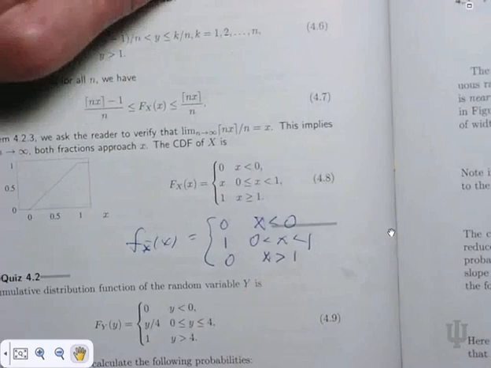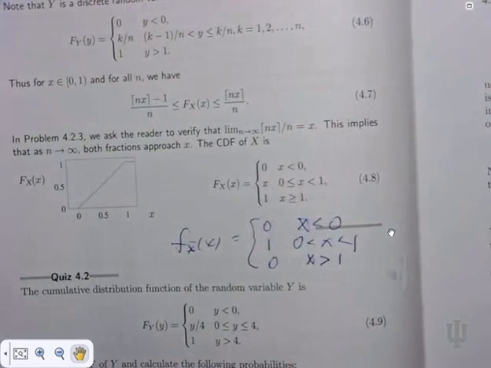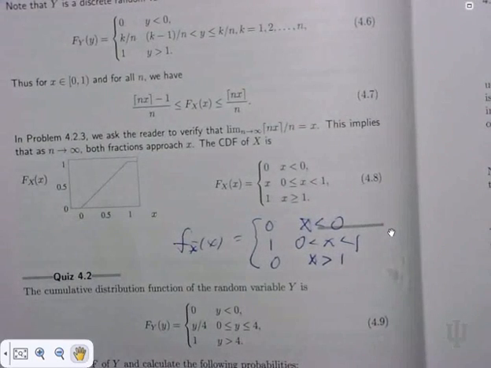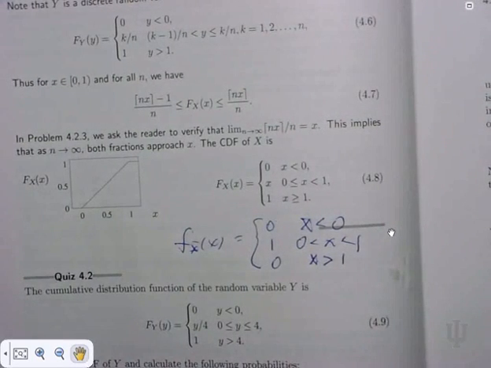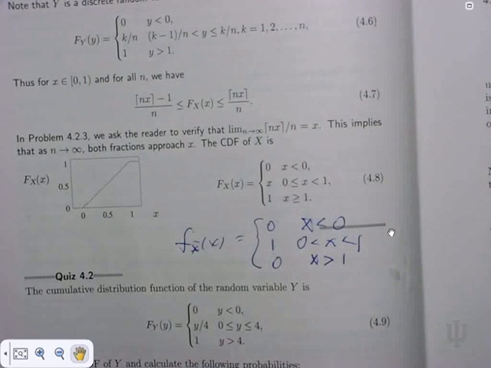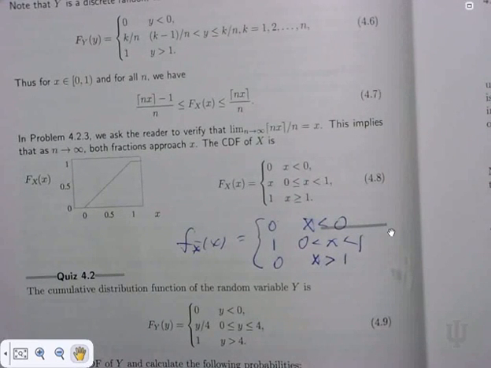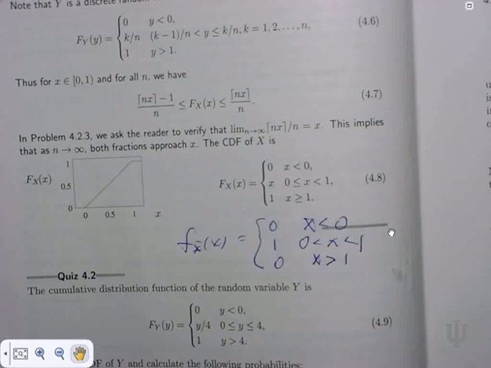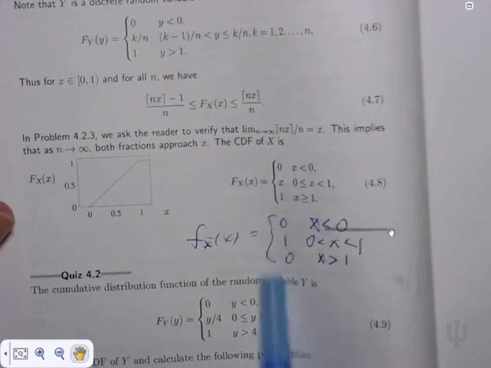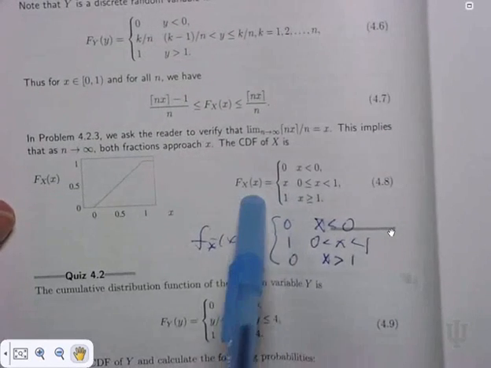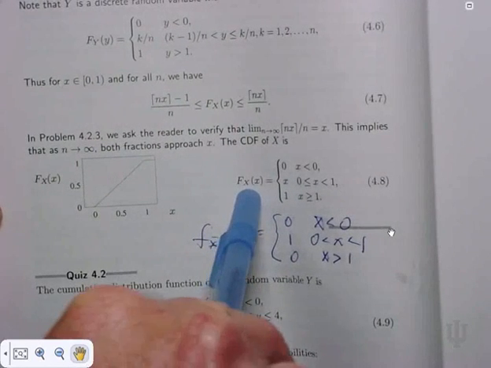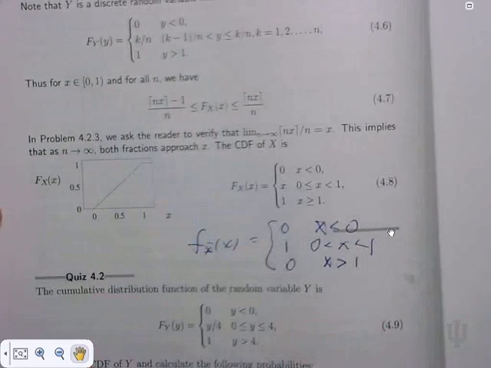What about at 0? What about at 1? Undefined, because it's a sharp point. The derivative doesn't exist. Technically, you have a left-hand derivative and a right-hand derivative, and they don't agree, so you say the derivative doesn't exist. That's your PDF in this case. And if you integrate this, you'll get the cumulative distribution function. So they're connected this way, just like before.